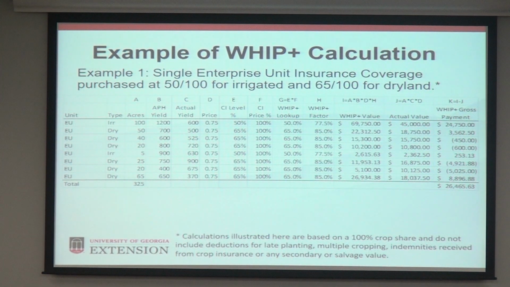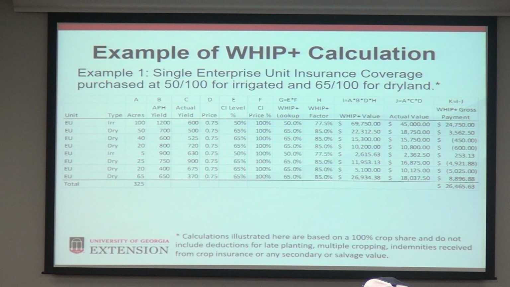You see there some negative numbers for that gross payment, and that's where there are some farms where the actual value ends up more than the WIP plus value, and that's that offset that's occurring. Because all of this gets combined because it was a single enterprise unit. All of this gets combined, and even though you have a lot more positive than you have negative, ultimately it brings that down in terms of what the WIP gross payment is.